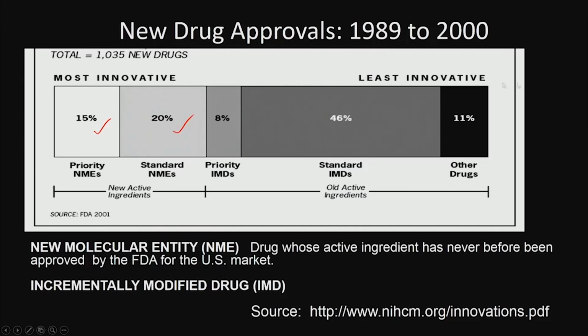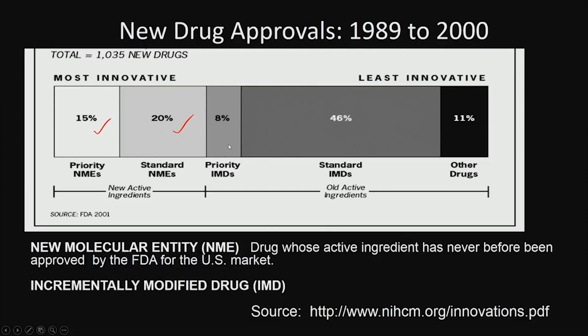Already a drug has been approved, you make certain changes, maybe you convert it from a liquid form to solid form or change the crystallization procedure and so on. So that is called incremental. So most of it, as you can see here, incremental, standard IMDs, priority IMDs, almost 60-70% is that.